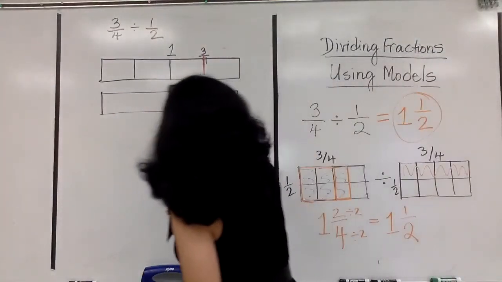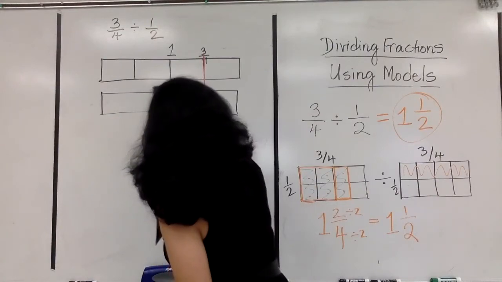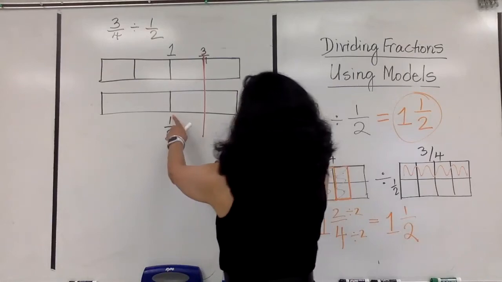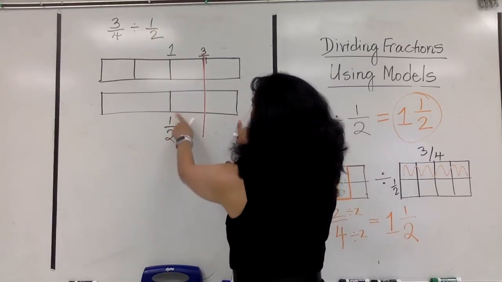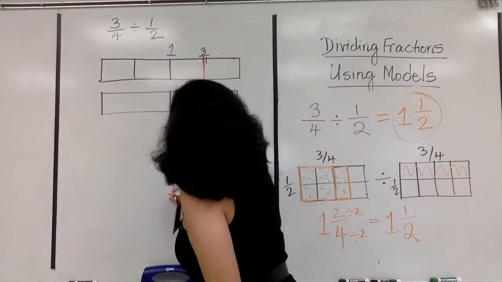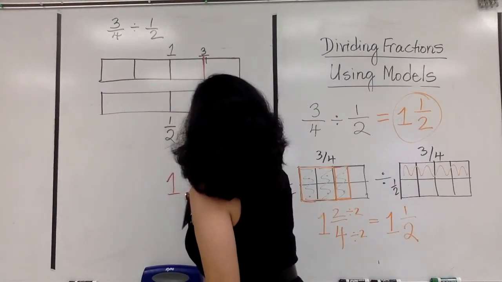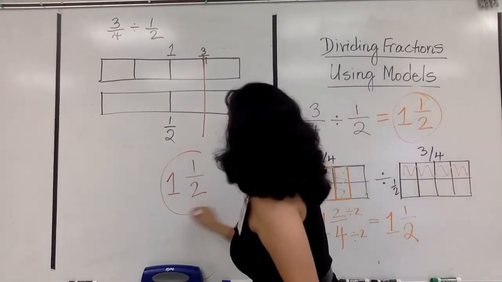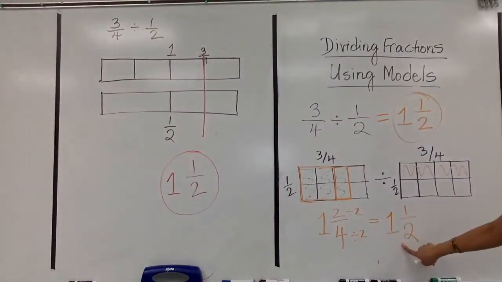So look, here is 1 whole group of half. Okay, and then this whole thing is a half, but this is half of a half, right? So this is going to be 1 whole half and a half. Okay, so we have 1 1/2, which is the same thing like this.